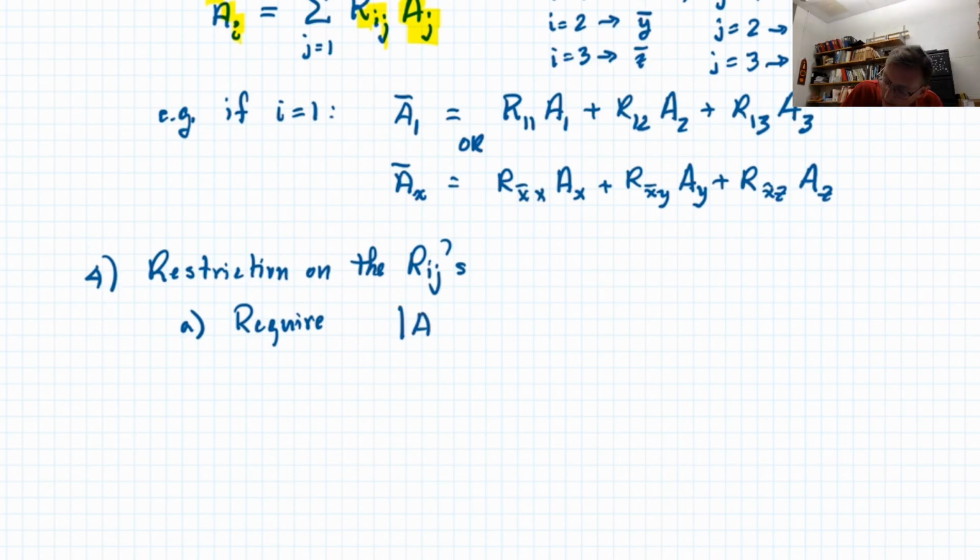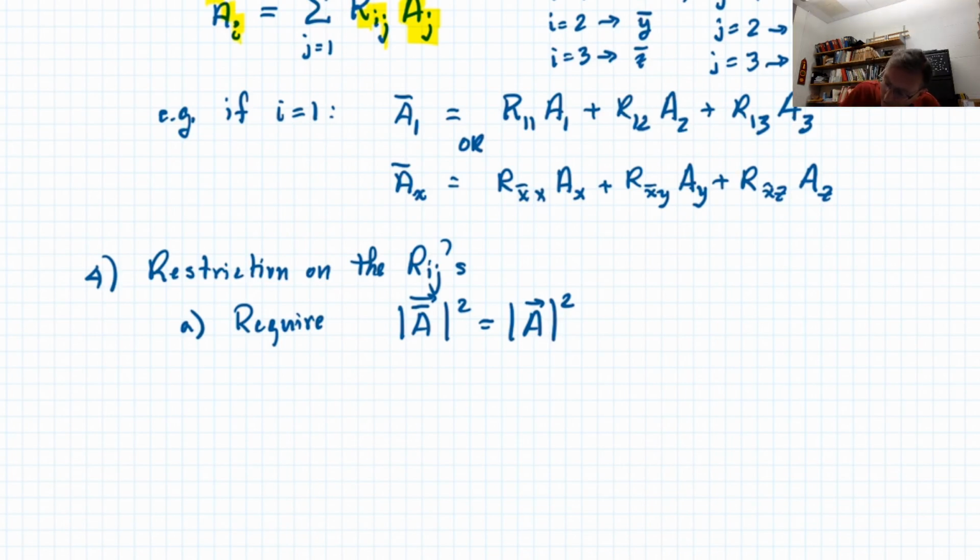So if I use the rotated axes, A bar magnitude squared must equal the vector relative to the original axes, magnitude squared. Remember, another way to write the magnitude squared of a vector is the dot product of the vector with itself.